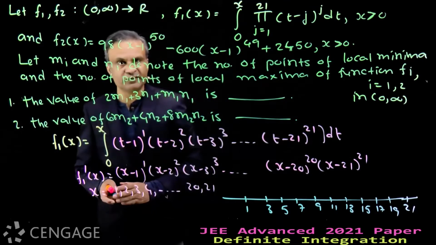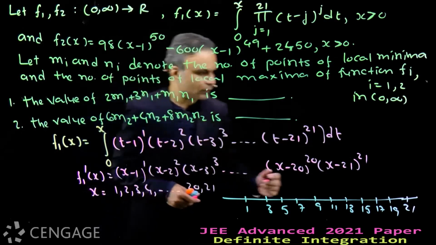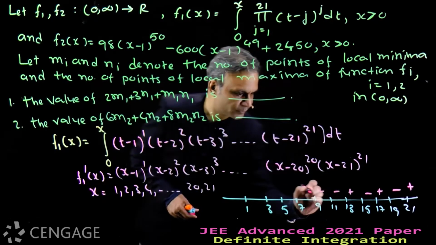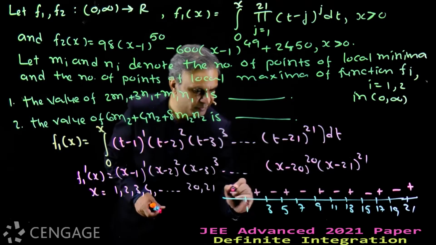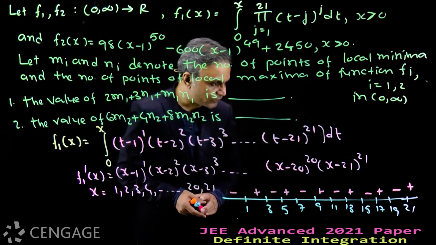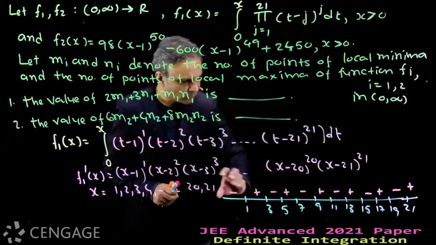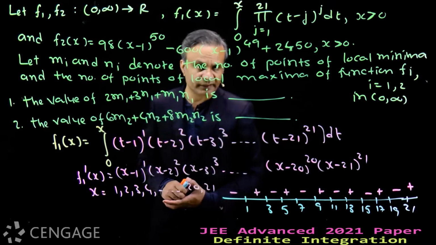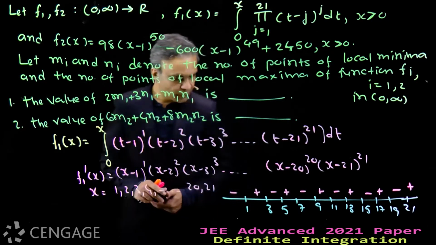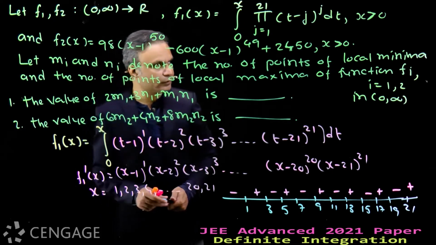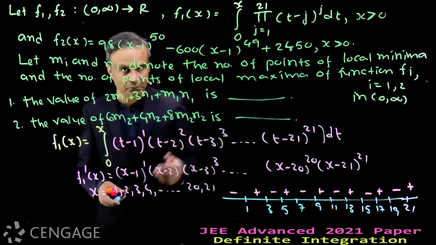Okay, now we check the sign scheme. We will have here plus, minus, plus, minus, plus, minus, plus, minus, plus, minus, plus, minus, sign changing alternately. So all these critical points are points of local maxima or local minima. Those points will be points of local minima where the derivative will change its sign from minus to plus.